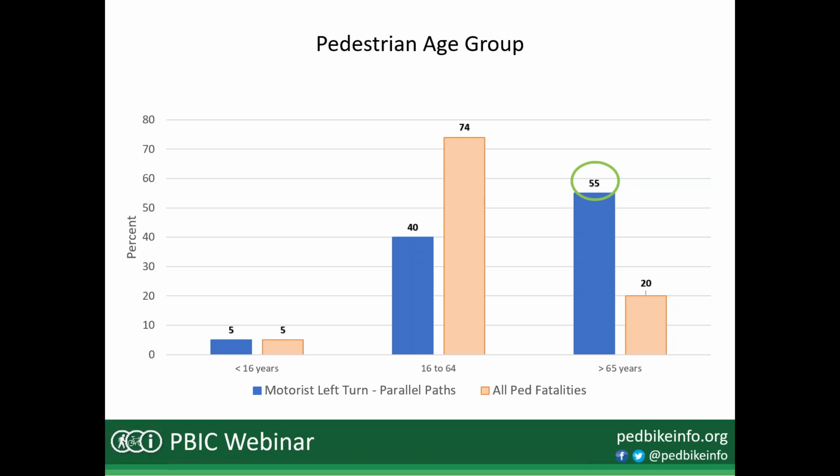Libby, this is a really compelling graph. When I saw this, it really jumped out to me, and I wondered if it could also be something about an older person taking a longer time to get across, if they maybe don't have the length of the signal or some other factor. Do you think that plays into this at all? That's another form of exposure. As we saw, pedestrians are most often just starting their crossing from the far side.